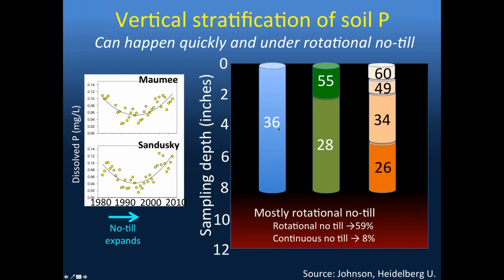So 36 for an 8-inch sample, whereas if you did a quote-unquote environmental sample or a surface sample, 55. And I think this is the reason why you as retailers, and people who are really concerned about vertical stratification as a factor, need to be considering periodically sampling in a way that gives you the kind of results that you see here.